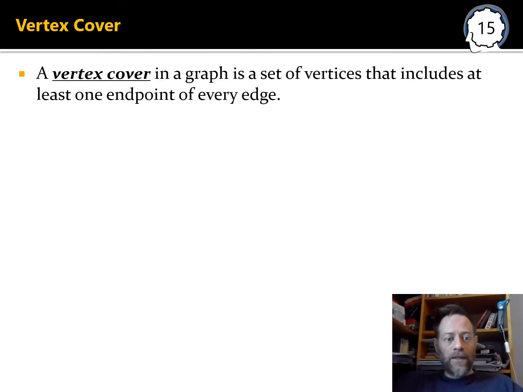Then we come to the cover problem. A vertex cover in a graph is a set of vertices that includes at least one endpoint of every edge. So in some sense, we want at least one of the 2 vertices of every edge to be included. That's a vertex cover.